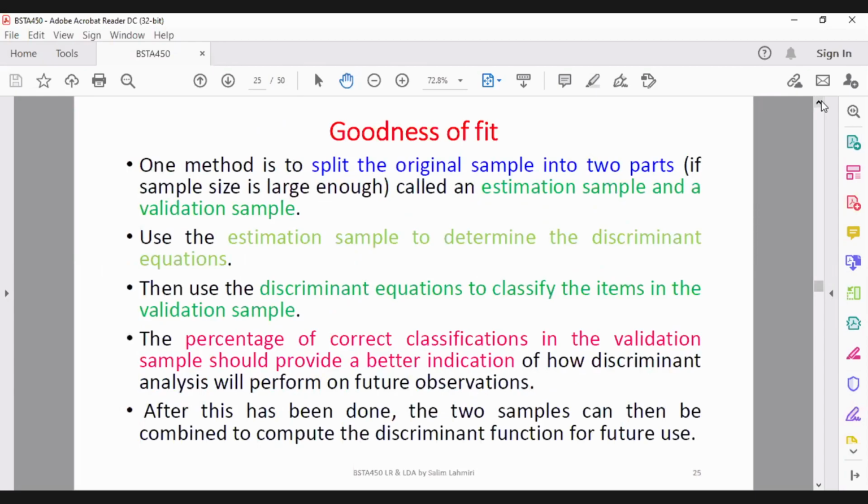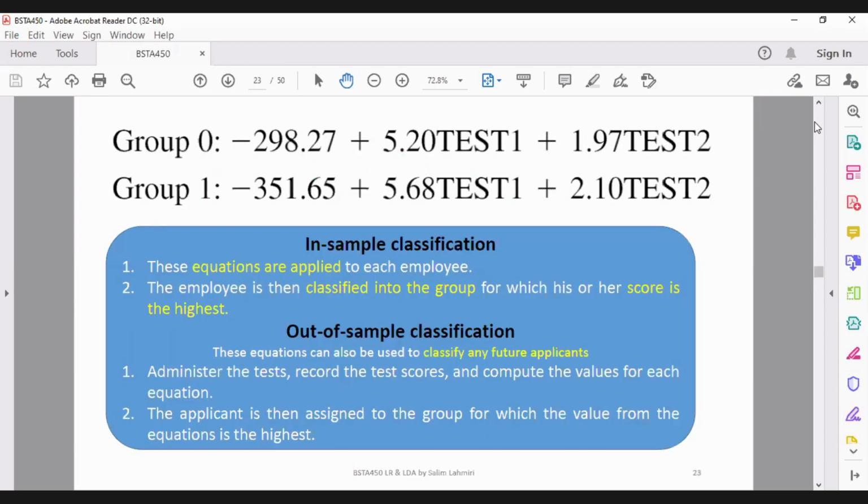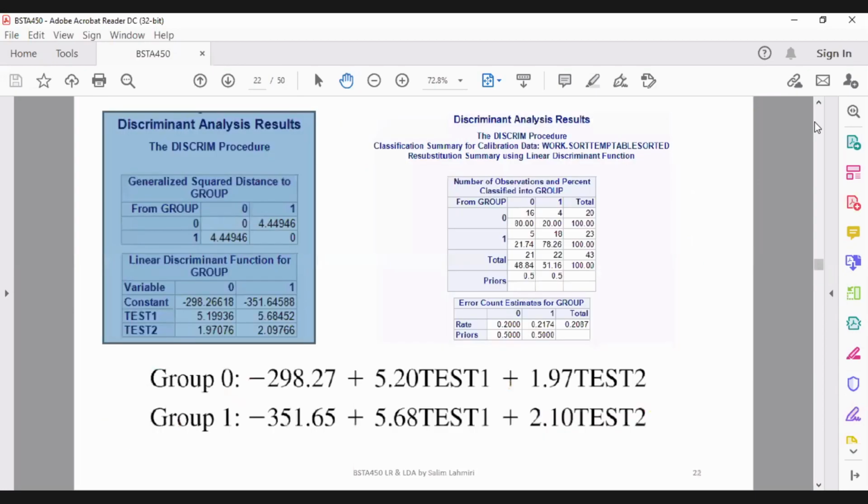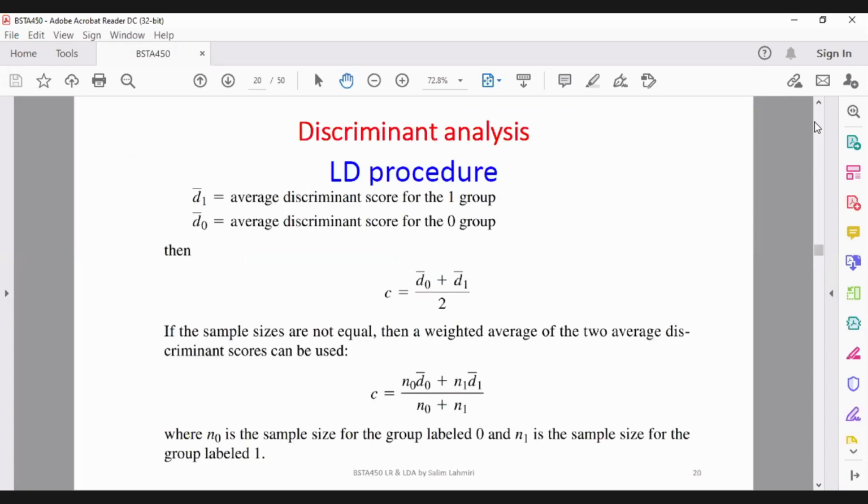One method is to split the original sample into two parts. A part used for estimation of the B's, so we can subdivide the data into two groups.